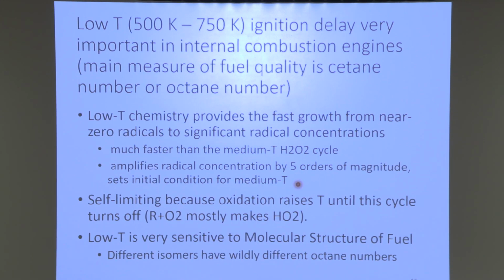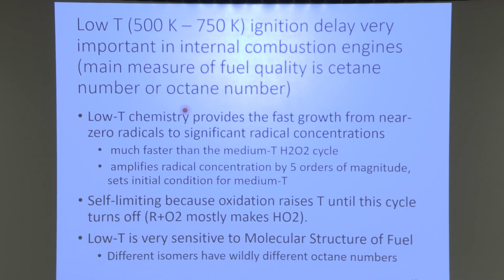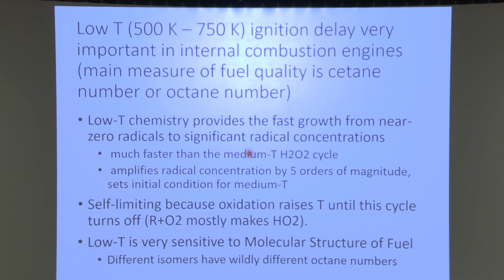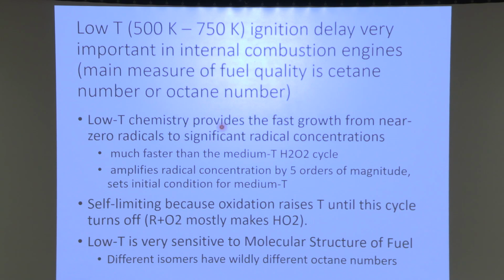And this is quite important. The cetane or octane number is controlled by this kind of stuff. You get this super fast growth initially of the radicals from the very low temperature cycle with the keto hydroperoxides. Then the temperature gets warmer and it turns off that channel. And it turns out this H2O2 cycle is kind of slower.